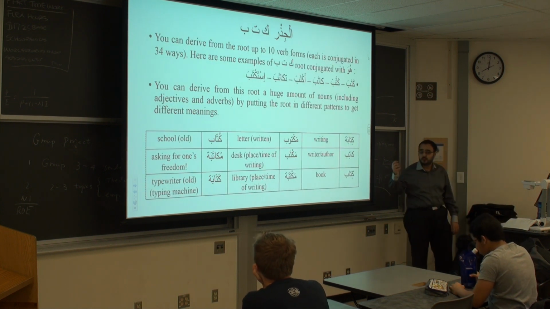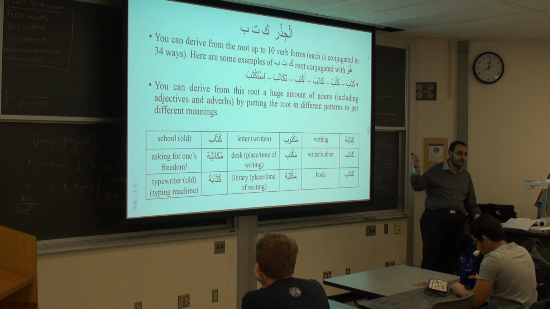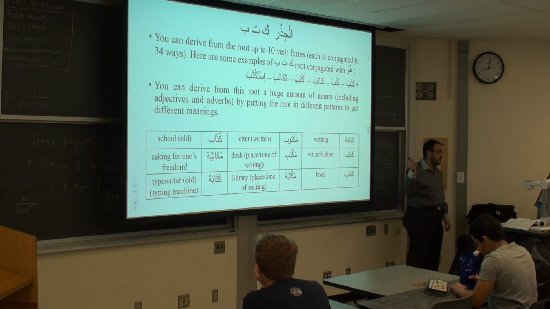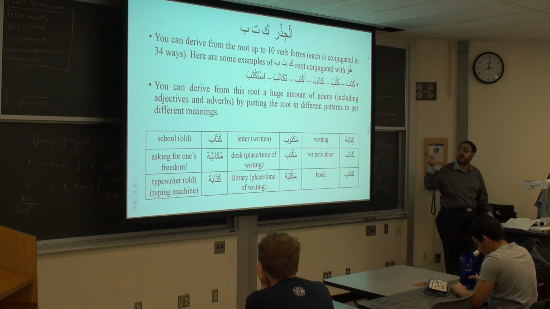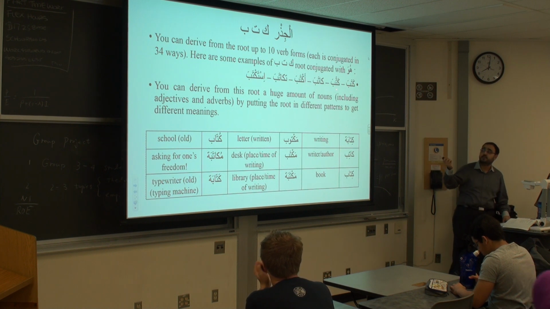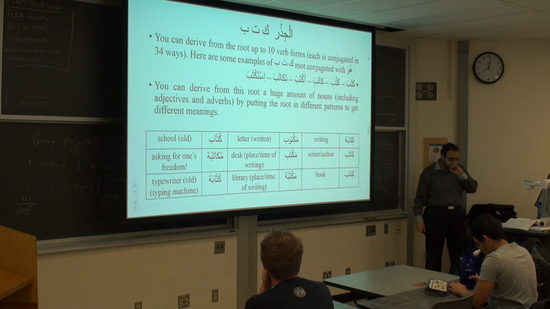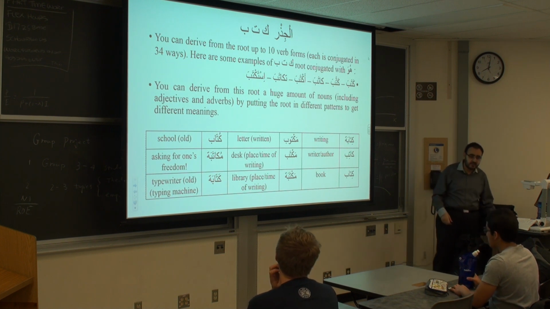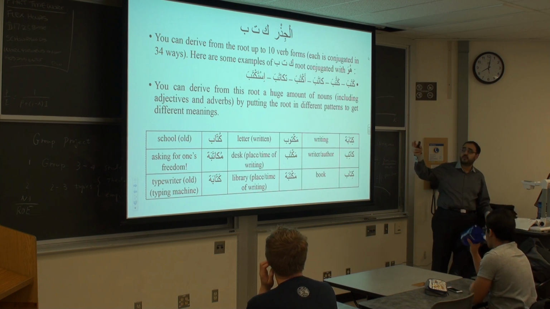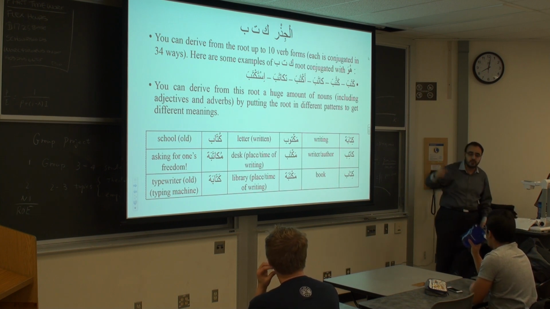So as we mentioned, from the root kaf, ta, ba, we can have kataba as verbs. We can have kataba, kattaba, kataba, aktaba, takataba, istaktaba. These are some of the verb forms that we can derive. Each verb form can be conjugated with only huwa in the past.